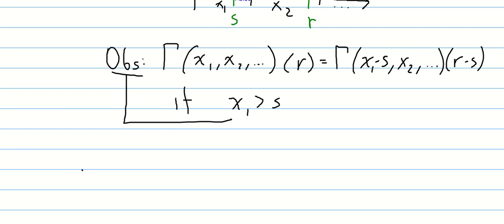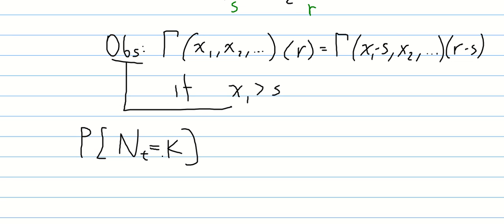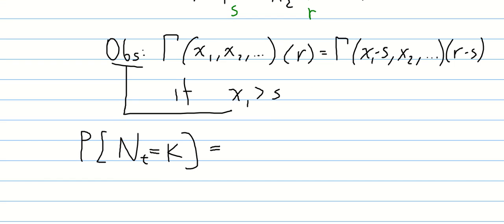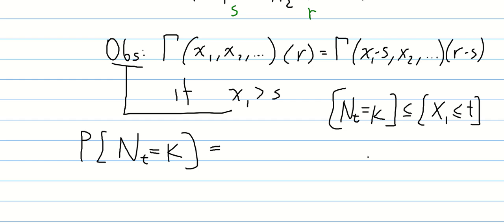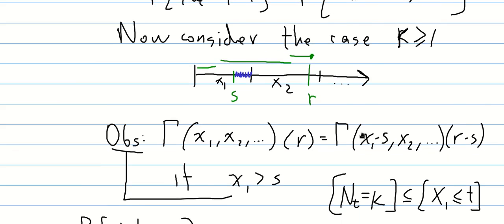It's exactly how we are going to calculate the probability that N_t is equal to k. We already know the probability that N_t is equal to k minus 1, and we're going to look at the probability that N_t equals k. We know that if N_t equals k, then x1 has to be smaller or equal than t, right? Because if x1 is bigger than t, then N_t is 0, and k is bigger than 0.